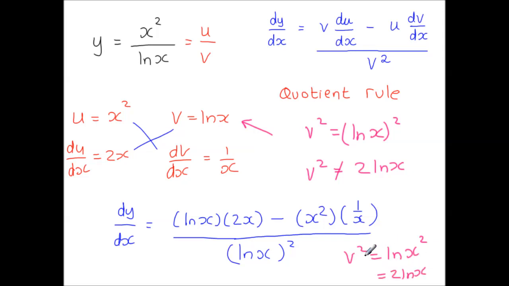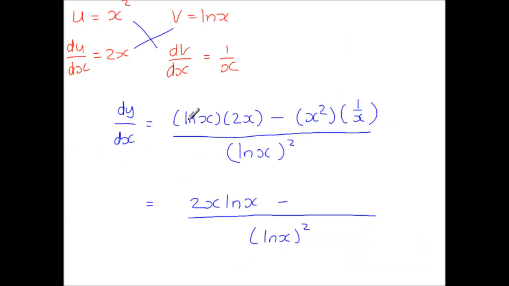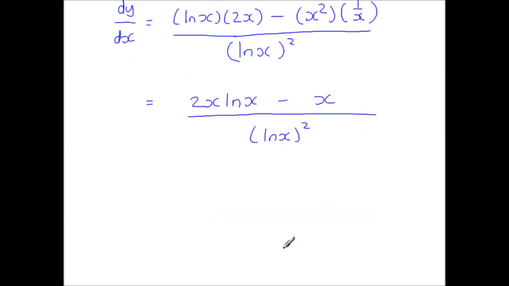But it wasn't this in the first place. Okay, so that's the way v squared remains. It's not this or any of this. And then simplifying, the x squared times the 1 over x will give us x here. There's an x in both terms there, so we could write it like this.